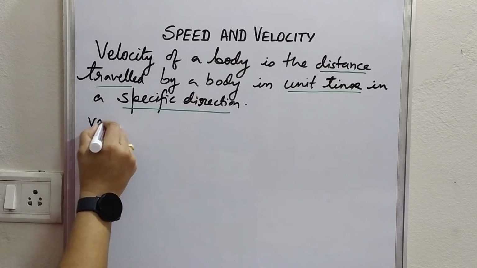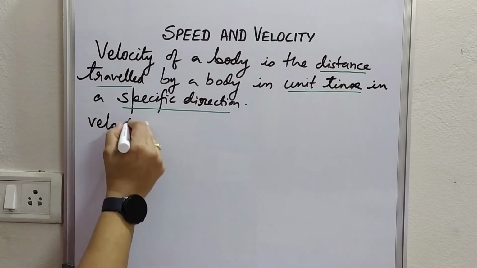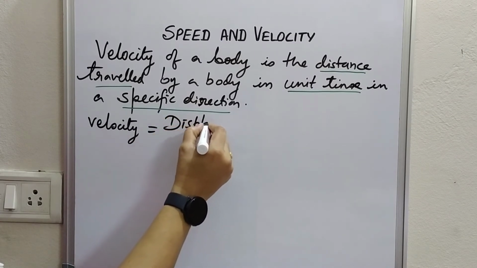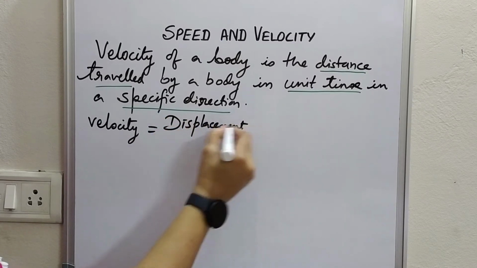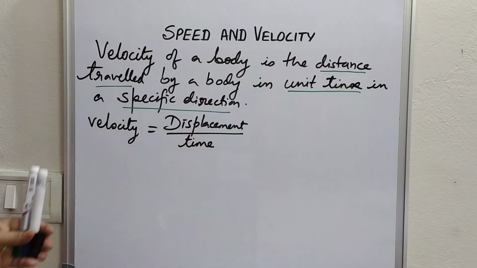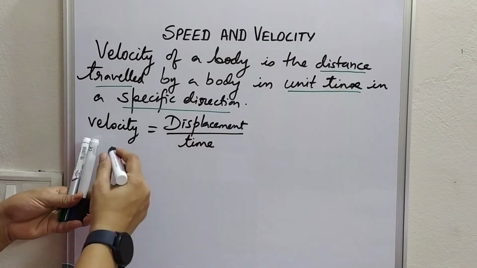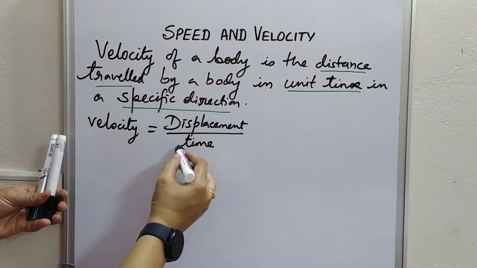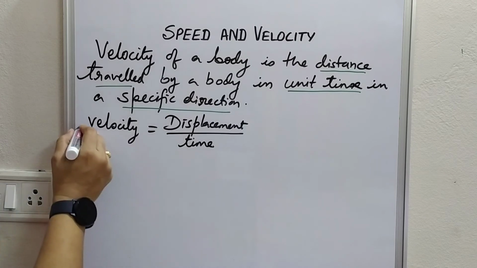We can write velocity, since it considers a direction, as displacement divided by time. And if we want to define average velocity, we have to write average velocity as total displacement by total time.